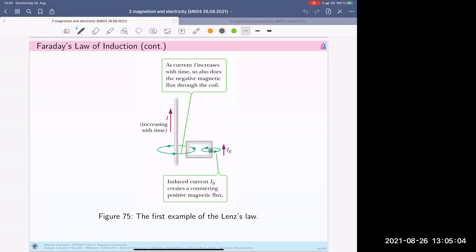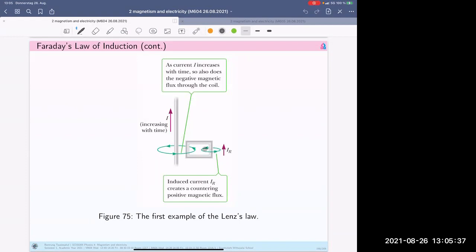This conductor doesn't like the situation when someone disturbs him by putting a magnetic field into his internal area. So he tries to compensate or get rid of the additional magnetic field by generating a magnetic field of the same amount, but in the opposite direction. You can see here, this is the generated magnetic field.